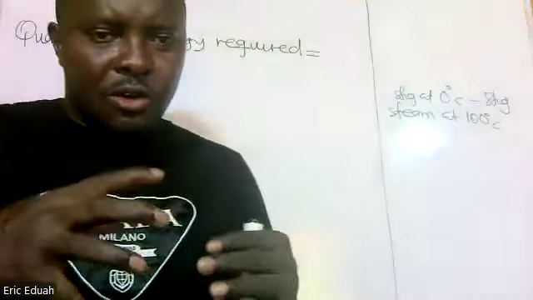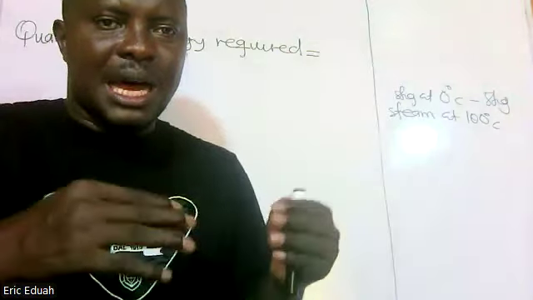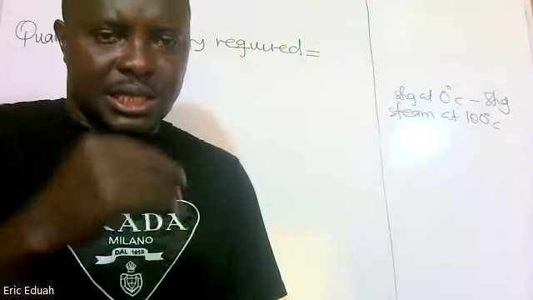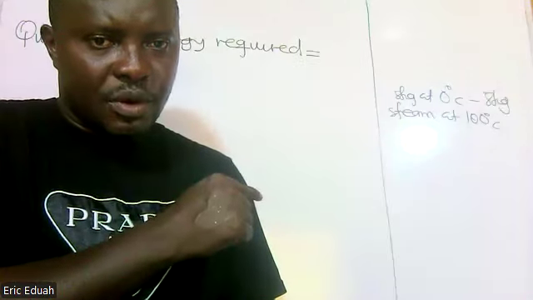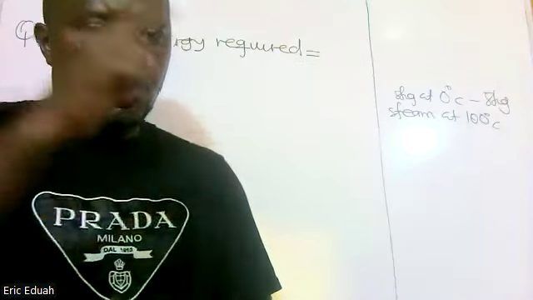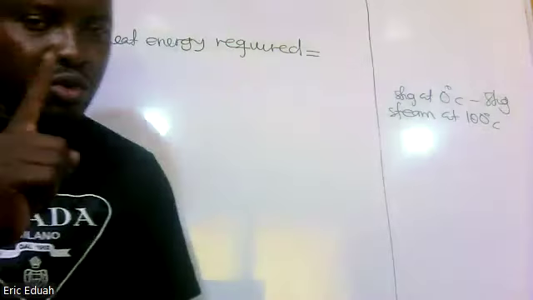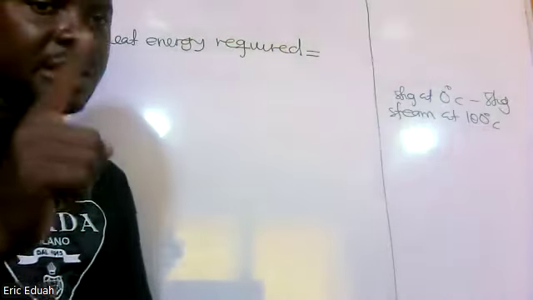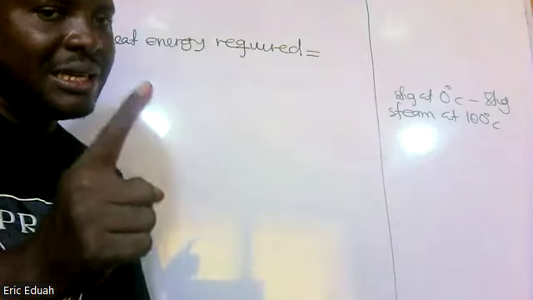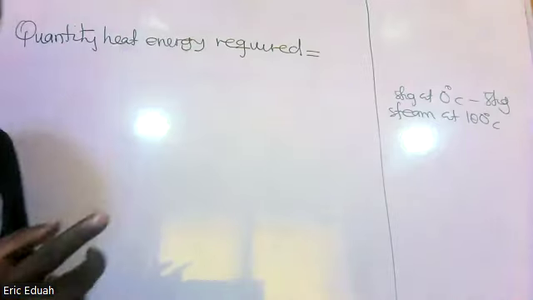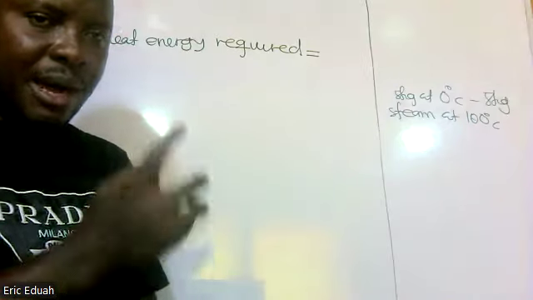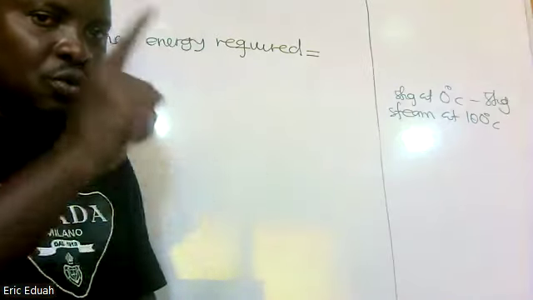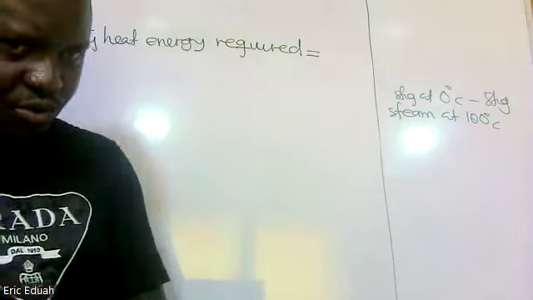So the quantity of heat energy that must be absorbed in order to change state from ice to water. But do not forget that every change of state occurs at constant temperature. So the heat energy required to change state is from ice at 0 to water at 0.